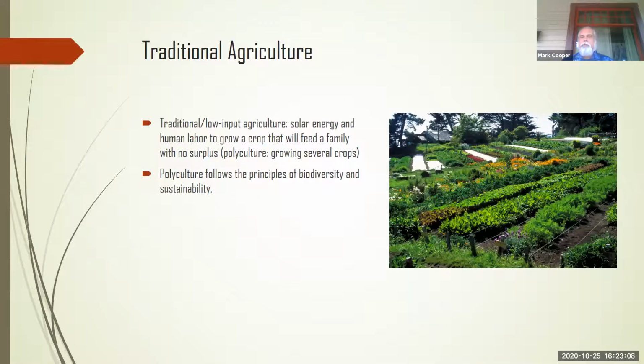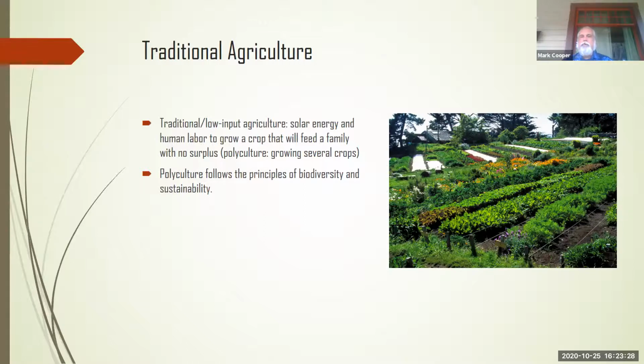Traditional agriculture looks a little bit different. It's low-input agriculture, where we're feeding just the local people. Human labor is a little more intensive, and it's a polyculture. What you would do there is not just grow one crop.